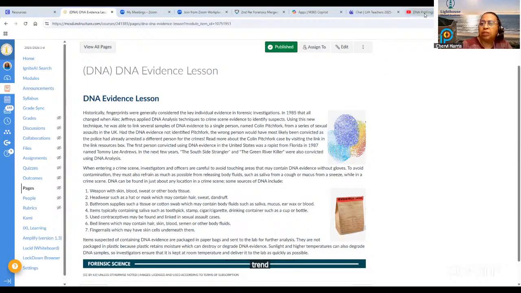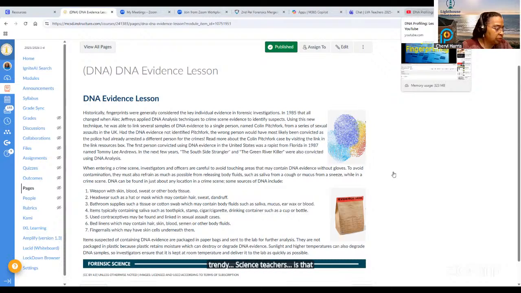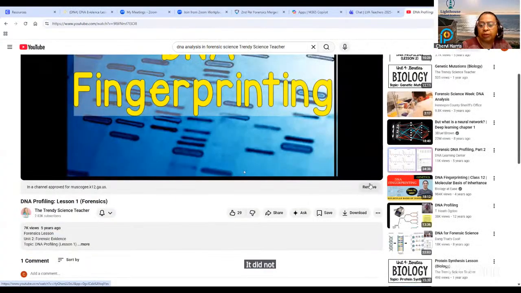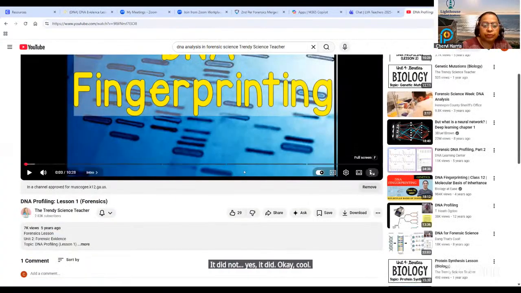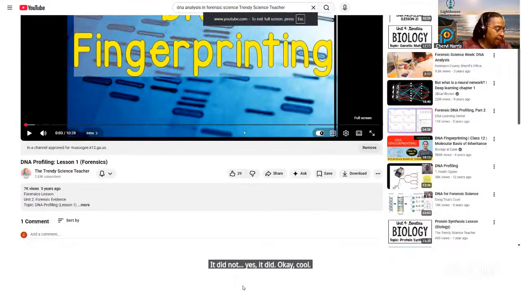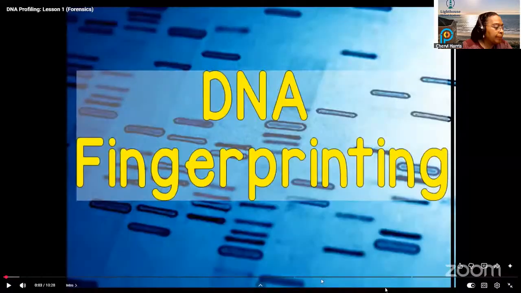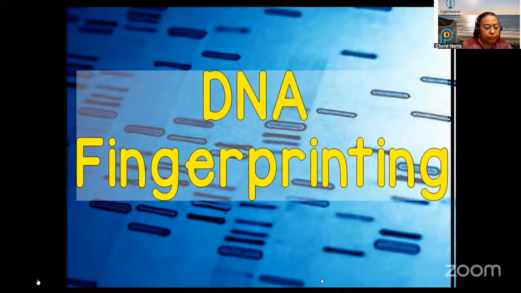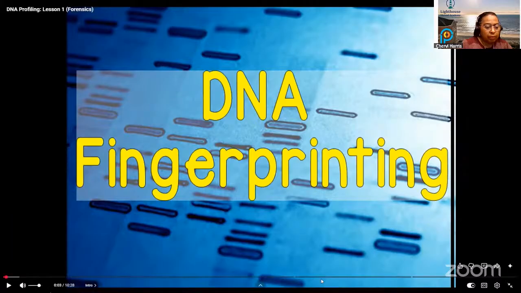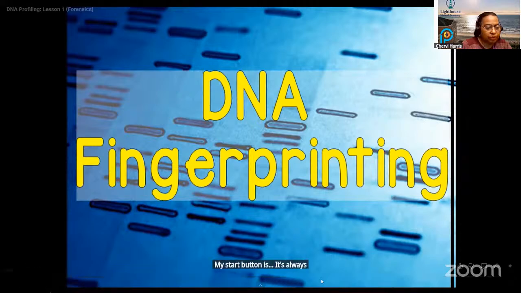trendy science teacher, is that going to switch? It did not. Yes, it did. Okay, cool. My start button is always behind this little cursor.